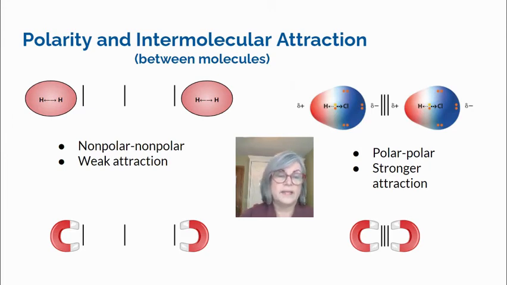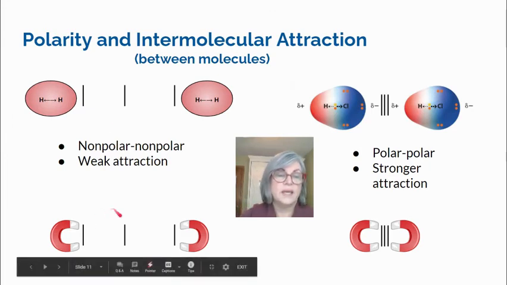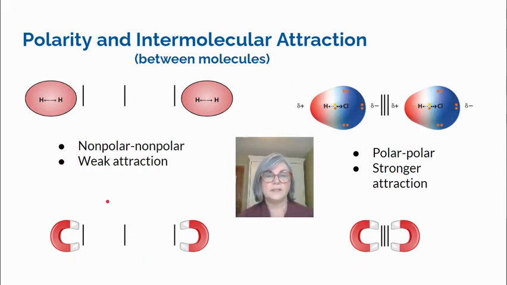So it's like two magnets, and what these lines represent is the force of attraction between them, the magnetic attraction. And you can see that the farther that those magnets get apart, the weaker and weaker the attraction gets. So there's very little attraction between two non-polar molecules, as long as they're made from the two atoms that we're learning how to name.